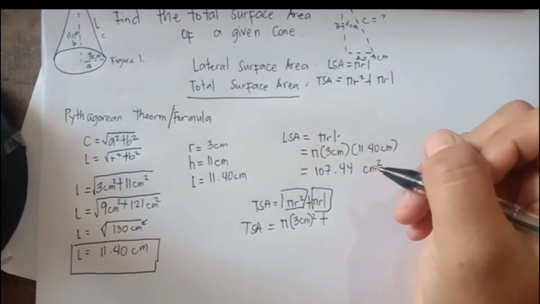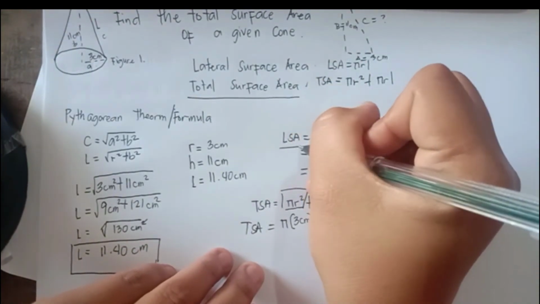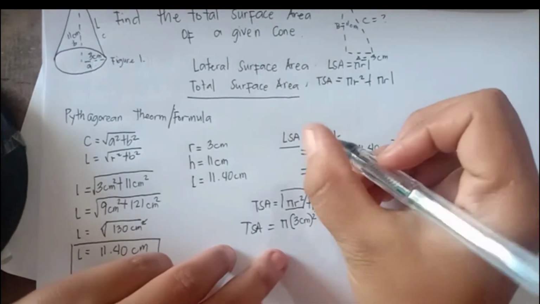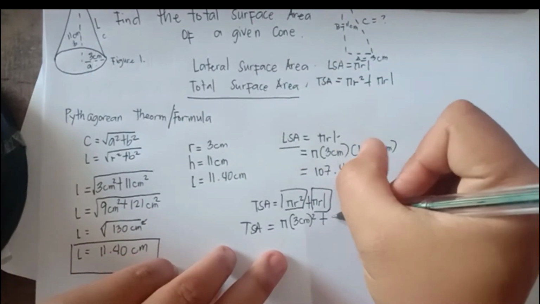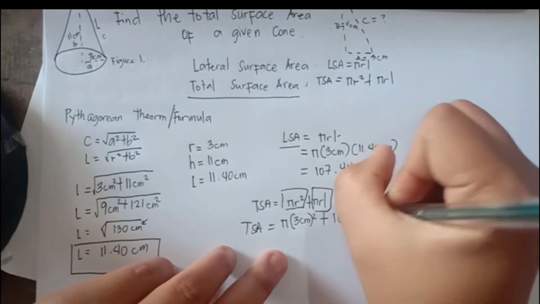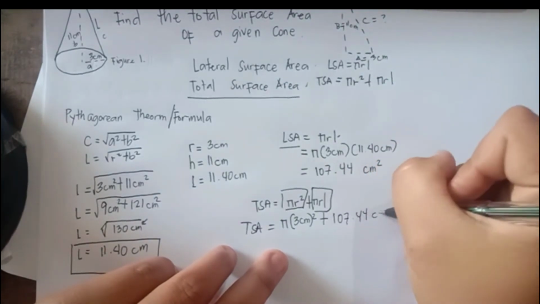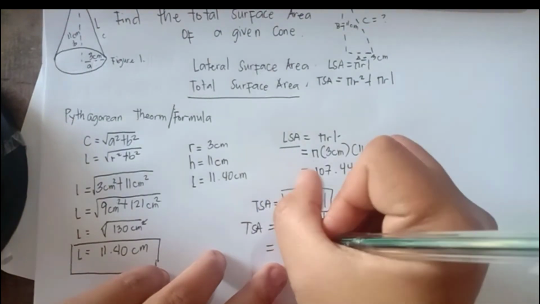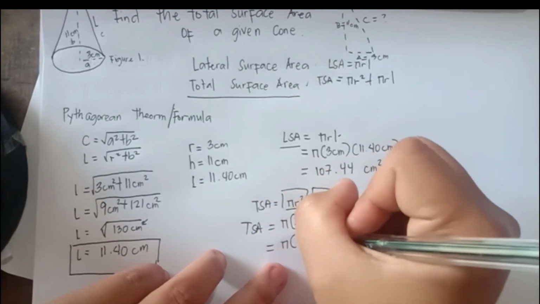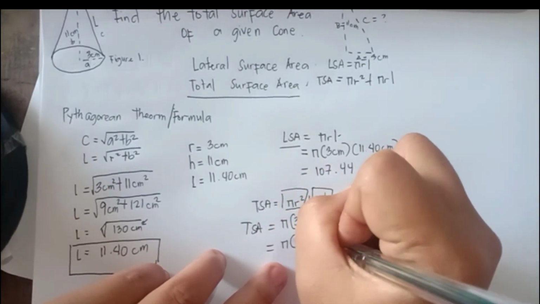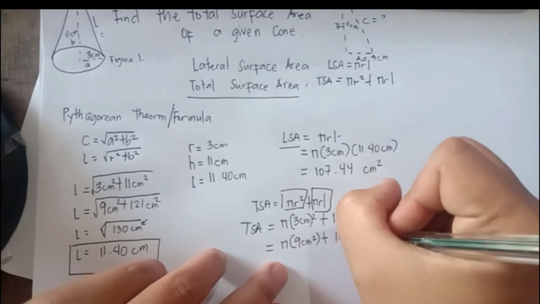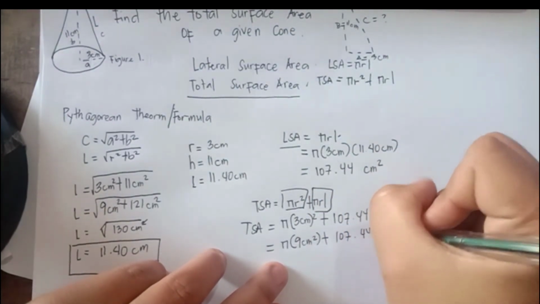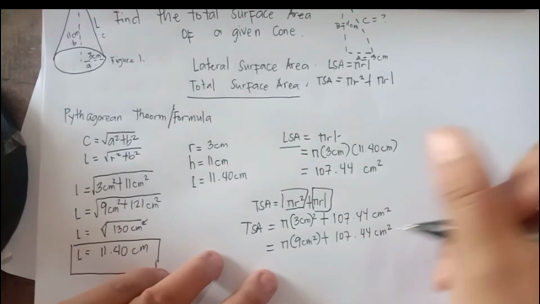So, ang ating pi RL is our lateral surface area. Since we have our lateral surface area, 107.44 centimeters squared is equal to pi 9 centimeters squared plus 107.44 centimeters squared.